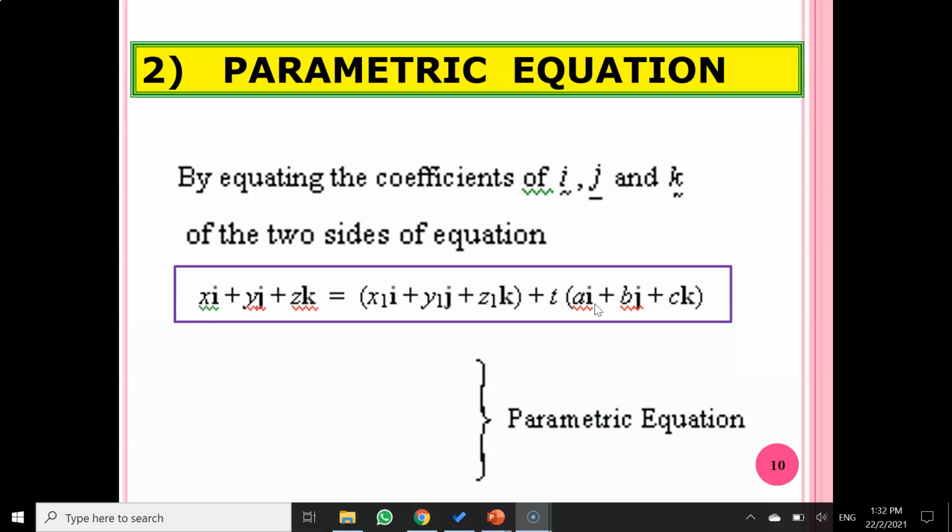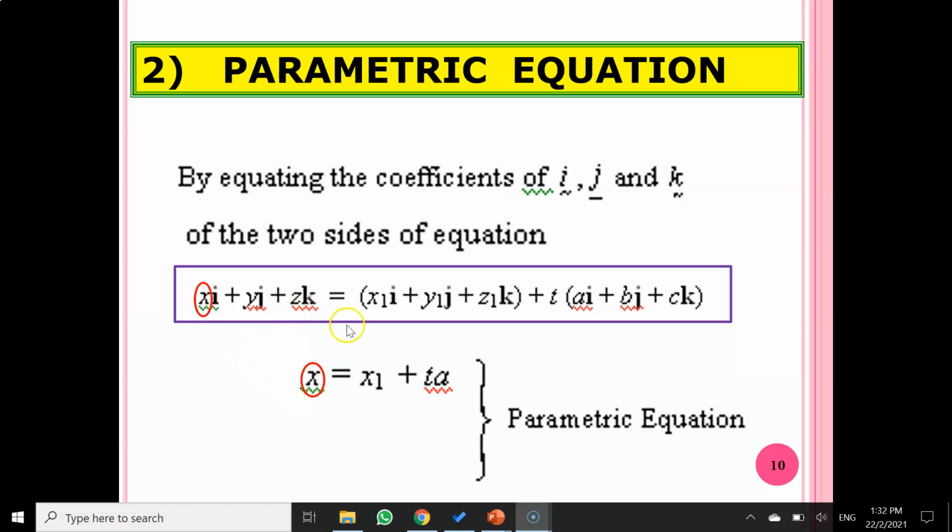Let's see, for i, the first one is the coefficient for i. You have i over here, i over here, and i over here. So you're going to compare or equate the coefficients. The coefficient of i on the left-hand side is x.